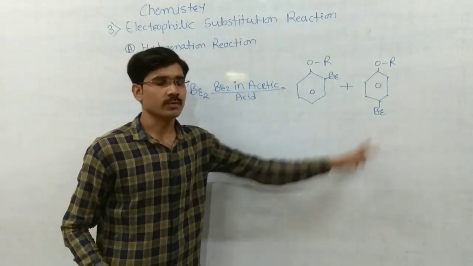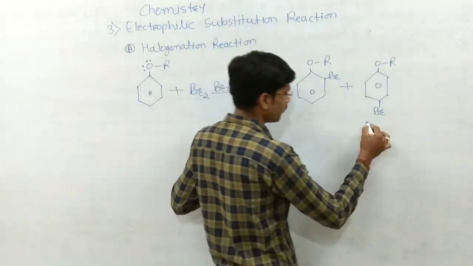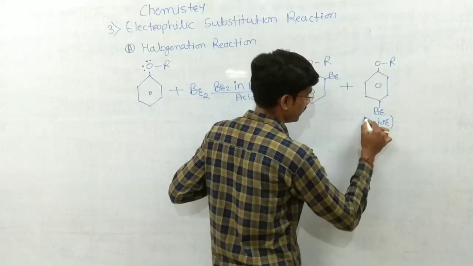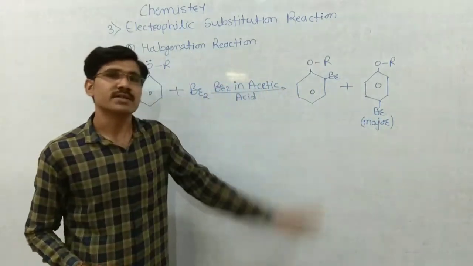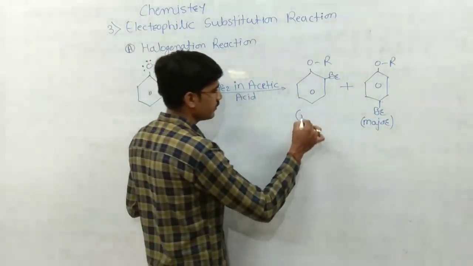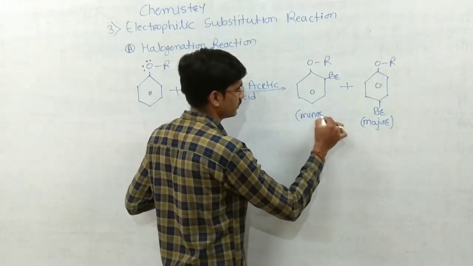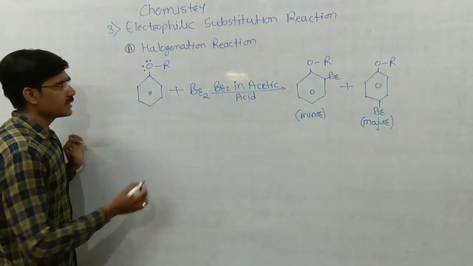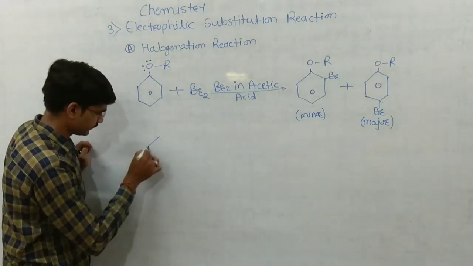We are getting a mixture of two products, but in that para product is the major product and ortho product is the minor product. Clear?